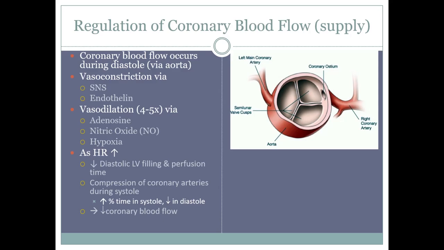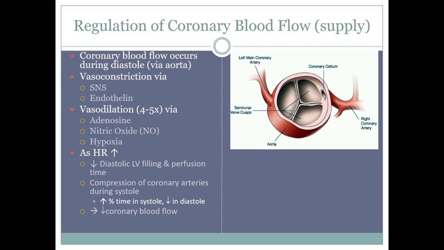In addition, now that you increase your heart rate, there's less time for it to perfuse through these coronary arteries, because it starts perfusing, but then goes right back into systole again. What happens during systole? The heart compresses to force the blood out. Well, it compresses all those arteries too. So you get less blood flow through the coronary arteries, even if there's blood there, because it's being compressed.